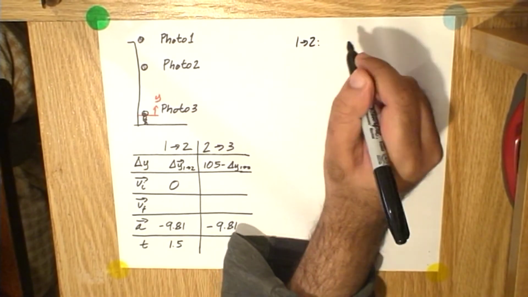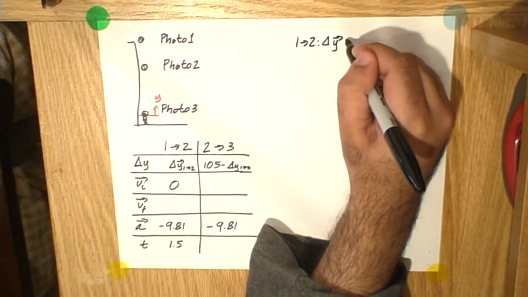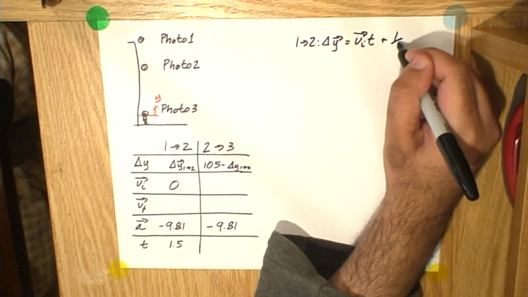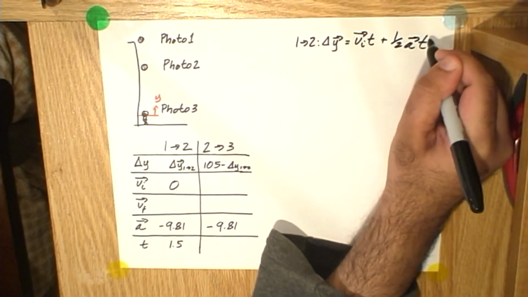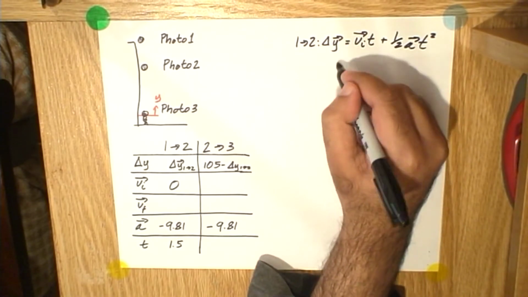The way that we would do this is we would use delta y is equal to v initial times t plus half a t squared, because that is the only equation that weaves together all four of these quantities.